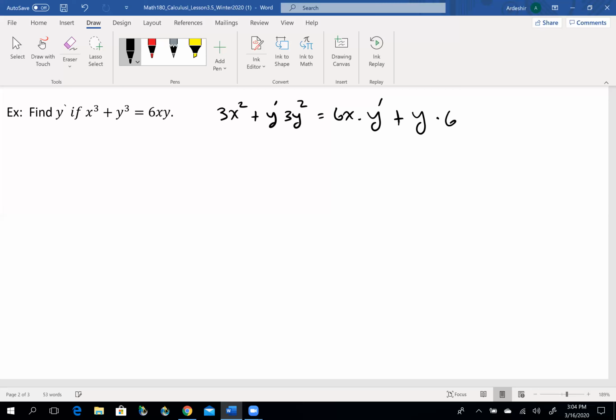So if we divide all by 3, this is going to be gone. So it's going to be x squared plus y prime y squared equal to, 6 divided by 3 is 2, so 2xy prime plus 6 divided by 3 is 2, so just 2y.